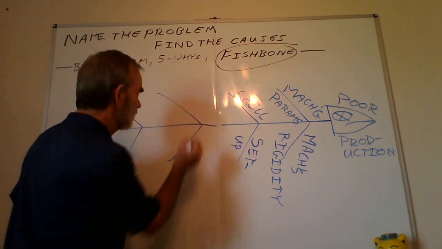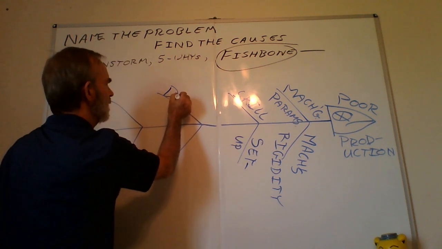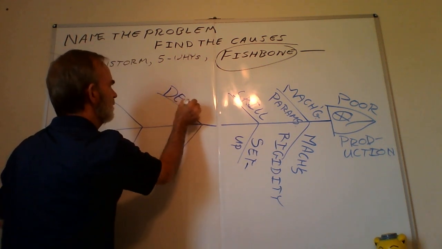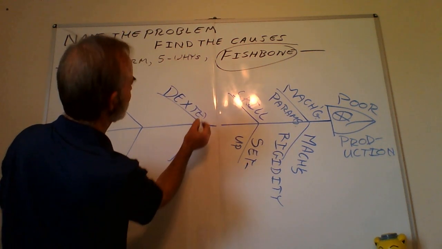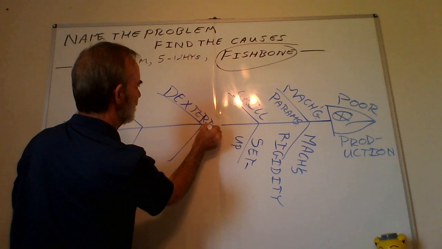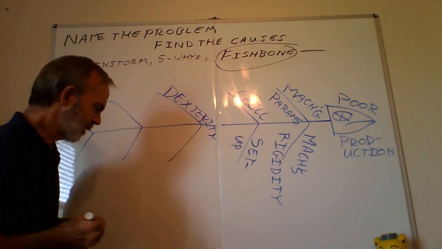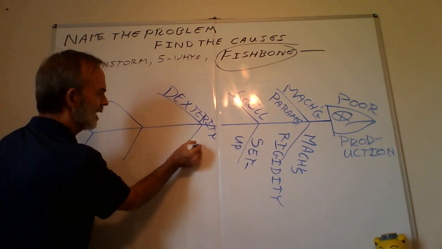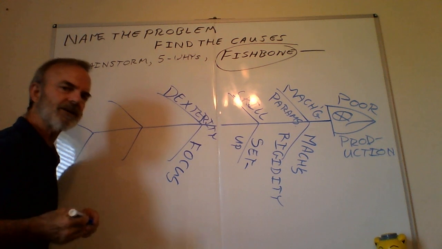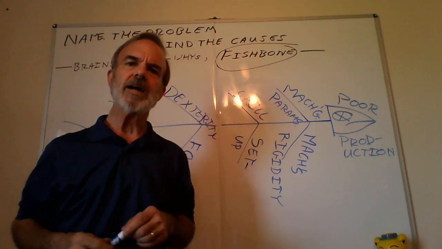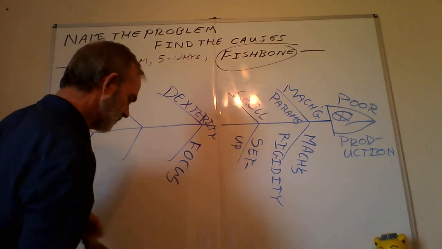Believe it or not, it could also be things like, not quite the same as skill level, but very related to it, your level of dexterity. Your dexterity, and I would include with that, how focused are you? It's easy to be very distracted, and sometimes you're better at it than other times. So that can be a factor as well.